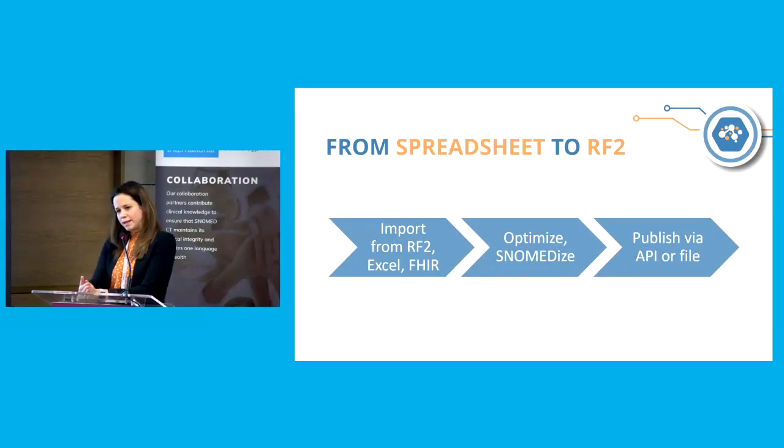You need to optimize this and SNOMEDize it in a way that the necessary reference set identifier concepts are created, in particular modules under particular namespaces. So it is all ready to be bundled as an RF2 release, and then it can be published via an API or by downloading files.